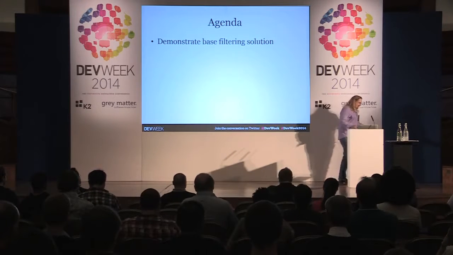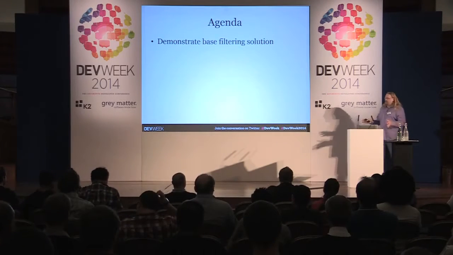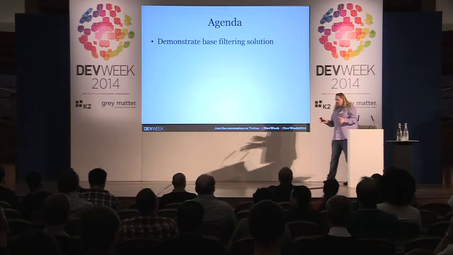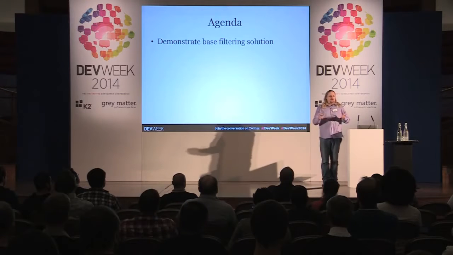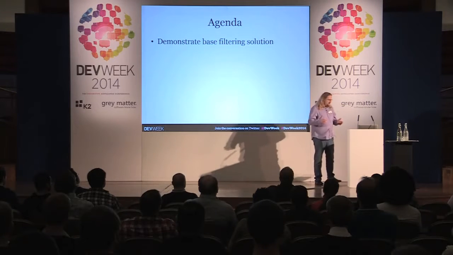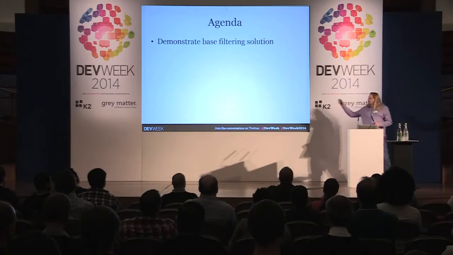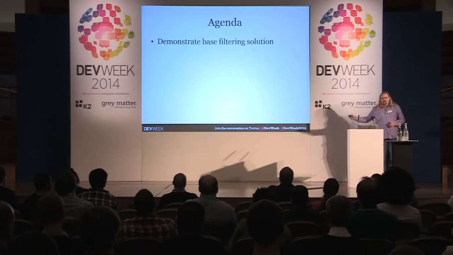Anyway, I've got a demonstration application, and what we've got is a large set of data that we're going to filter using a strategy. I'm just going to quickly walk you through what's involved with that.